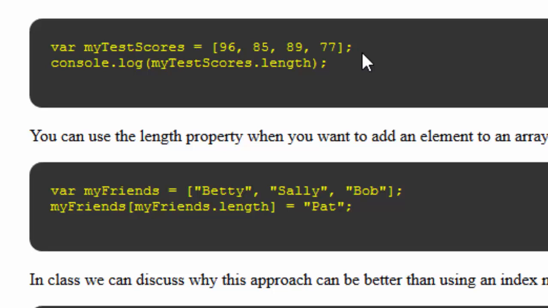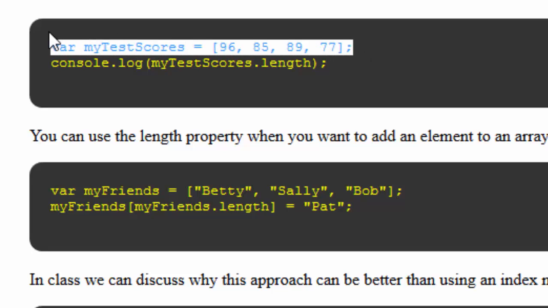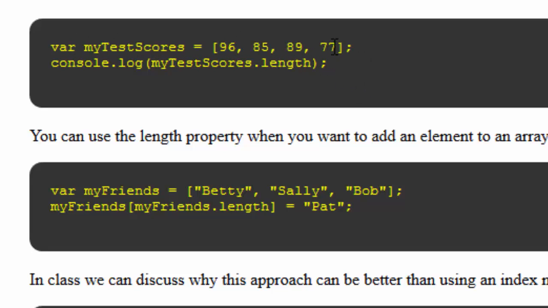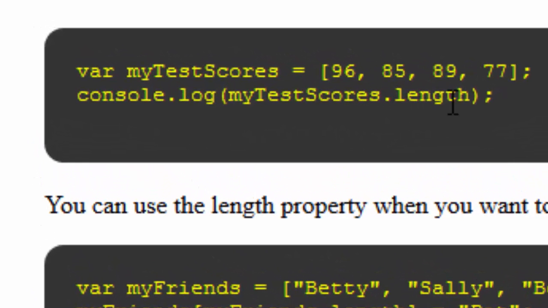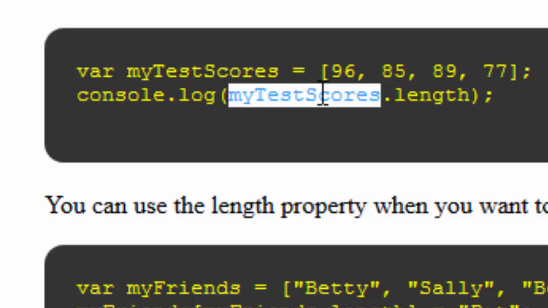So right here in this code sample, I've got our familiar array here, my test scores, and it's got 4 elements in it. And then what I'm doing is I'm console.logging the length. So we know that with properties we use the dot operator to access properties of an object. So here's what represents my object. That's my variable, and this so happens to contain an array.